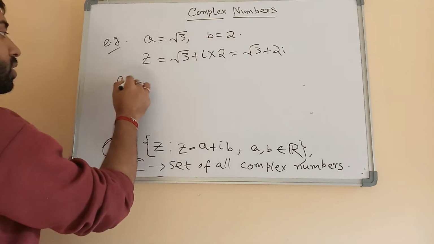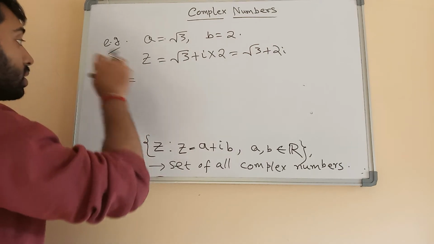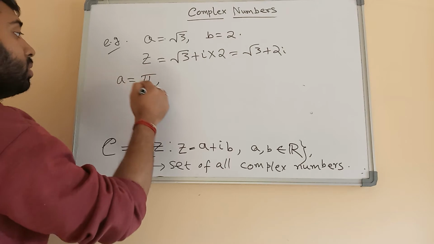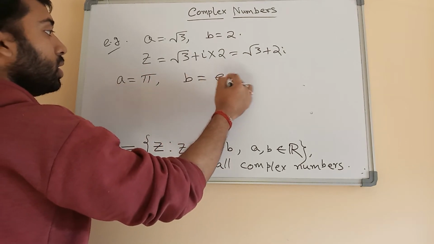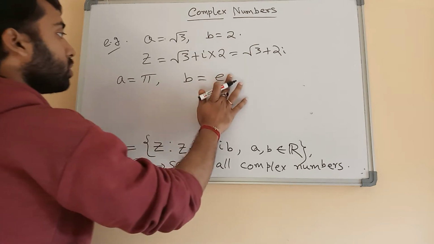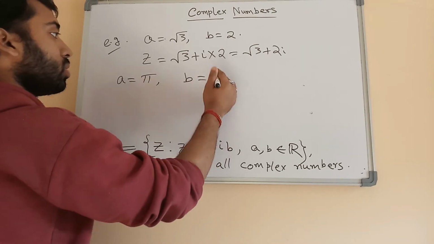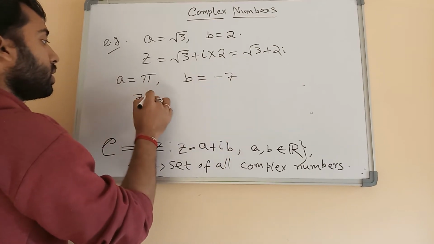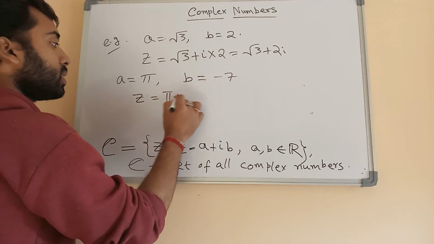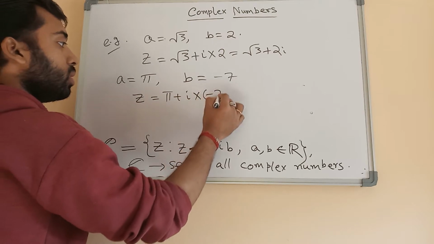Similarly, we can take another value of a, suppose it is pi, because pi belongs to R, and b equals, suppose, minus 7. Then z will be pi plus i into minus 7.